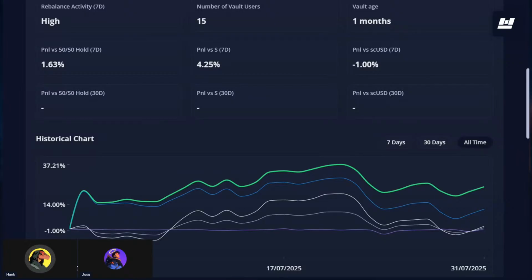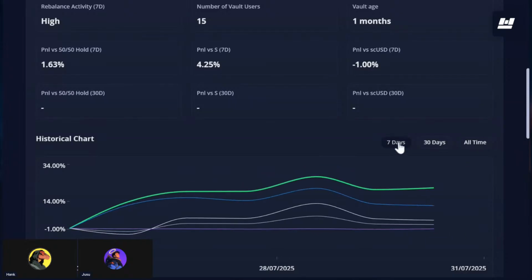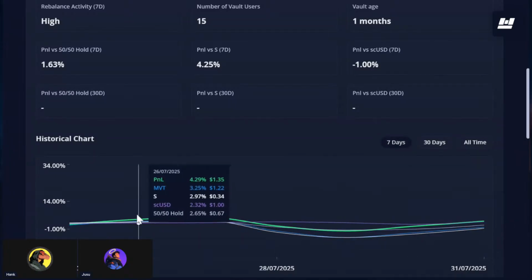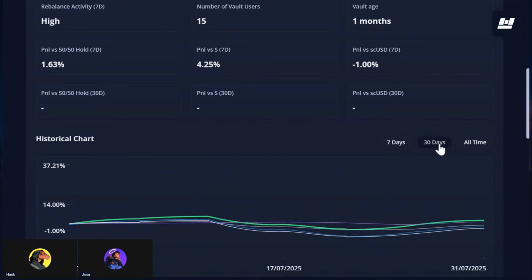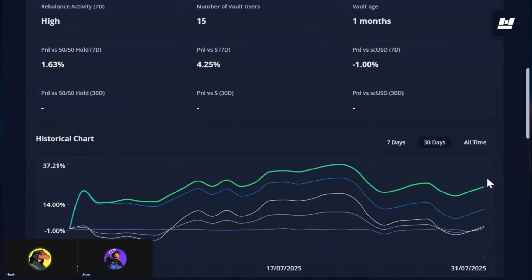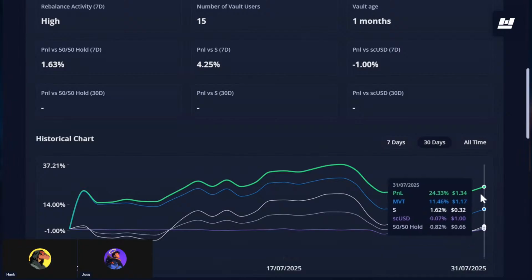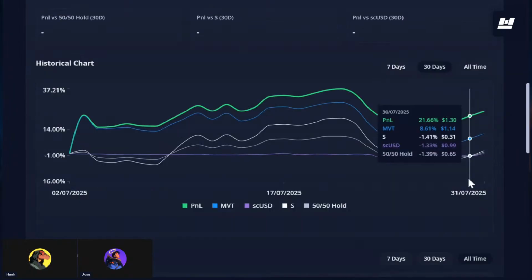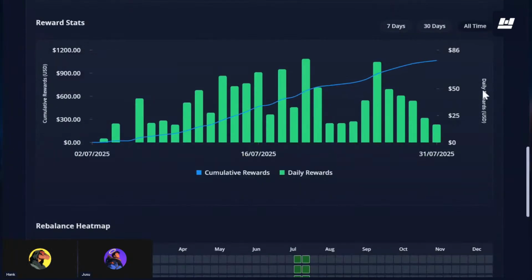And the volatility we had with the airdrop in the past week is extremely difficult to manage as a liquidity provider, and this is really impressive to see. On a 7-day, it was pretty much not hit heavily by this. And on a 30-day, you can still see good profitability, both profit and loss, as well as the MVT token outperforming. So this is also nice.